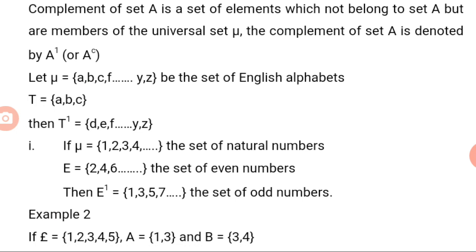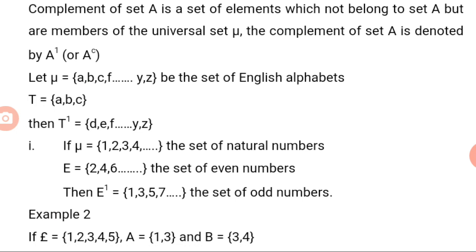Is that clear? Then another set E is a set that contains 2, 4, 6, and so on. That is the set of even numbers.